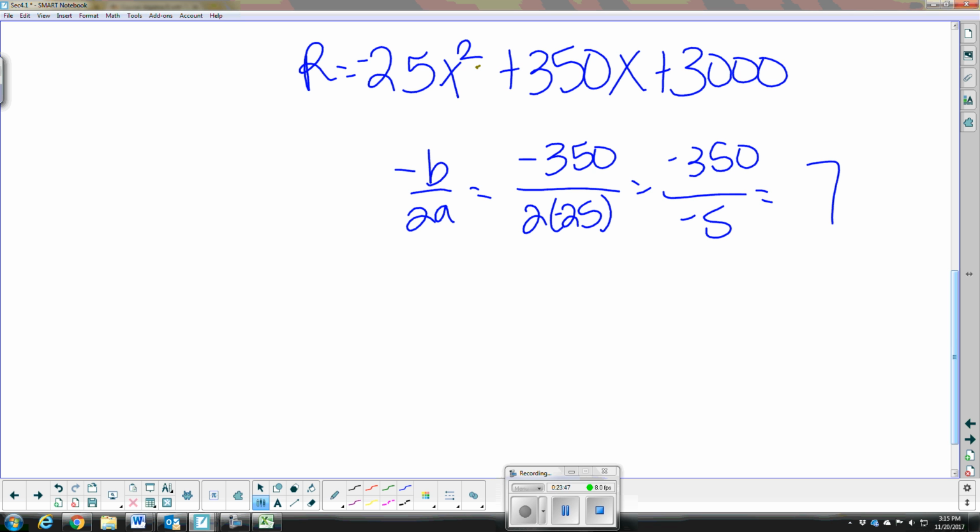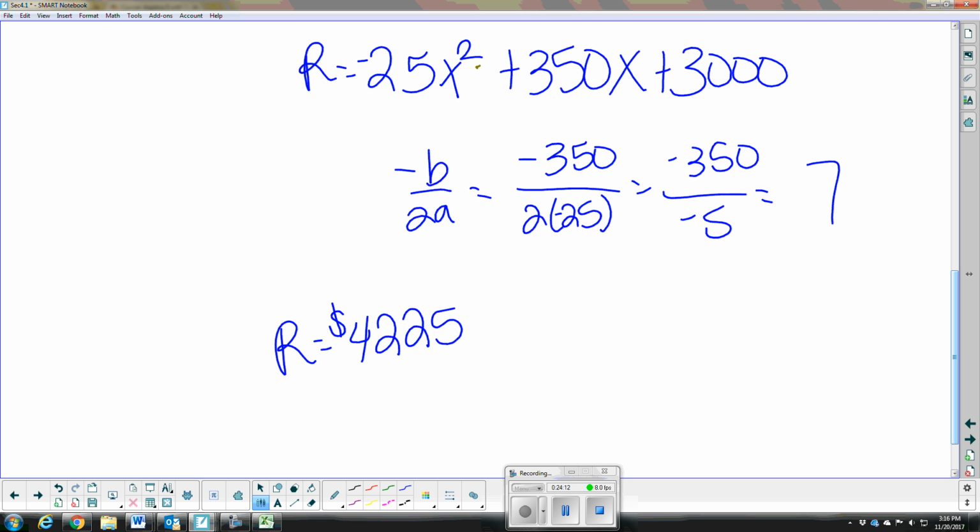So if we decrease the price of DVDs by $7, and if we look at our parabola, we get a revenue of $4,225. You have to be careful reading the problem, because it's not asking you what our maximum revenue is.